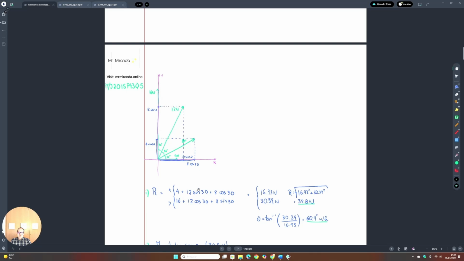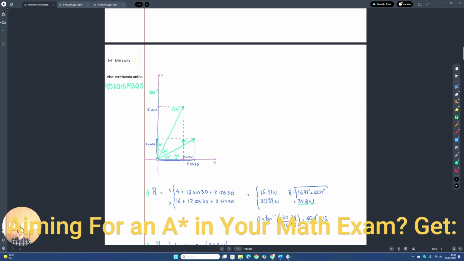So 12 sine of 30 plus, and now I used again the x-axis for the 8 Newton force. So I have 8 cosine of 30 over here. On the y-axis, you have what? You have the 16 Newton force.